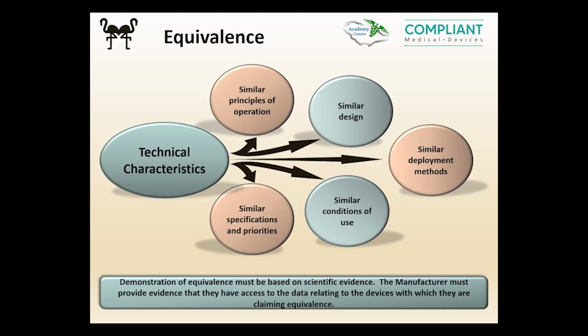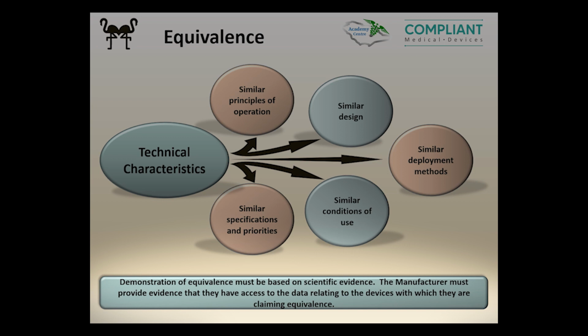When it comes to technical characteristics, the equivalent device must be the same as the device under assessment in the following areas. The device must have similar principles of operation, a similar design, similar deployment method, similar condition of use, and similar properties and specifications.